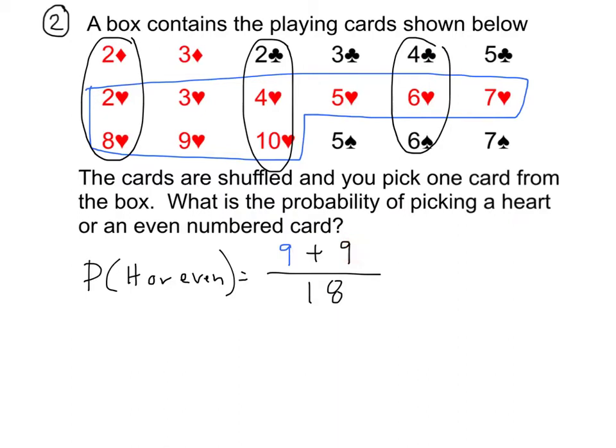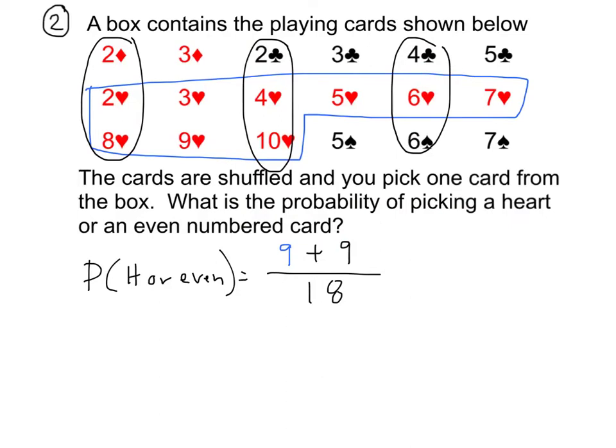But if you take a look at my diagram here, if you count it this way, we've counted some of them twice, right? Right here, these 2 hearts were both hearts and even. Same thing here, the 4 and the 10, they were counted twice. You see, I circled them twice, right? And right here, this 6 got circled twice.